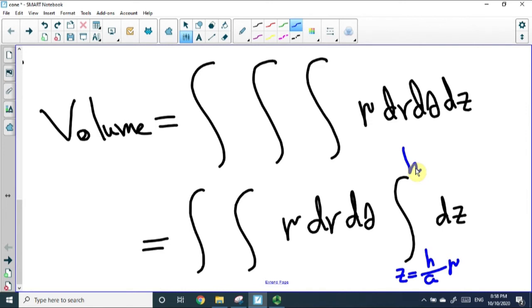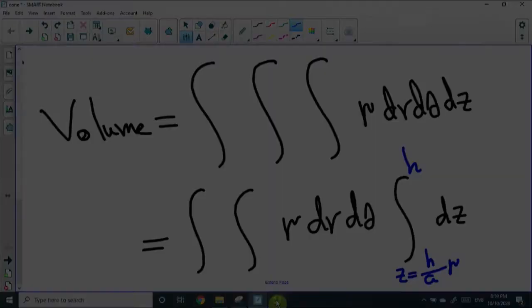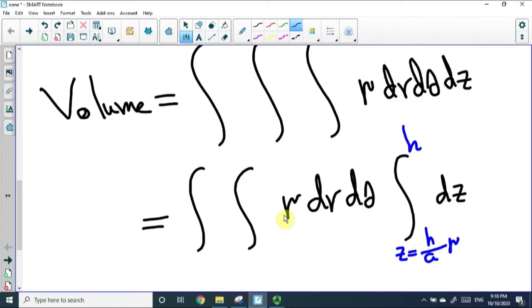And you can see that the lower limit is a function of r. Now let's decide on the other two limits, for theta and for r. So now, to integrate over r, let me move d theta. Let's just take d theta from here and put it in here.